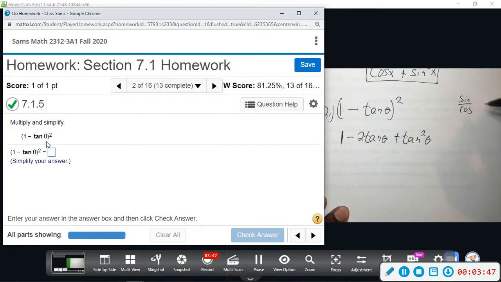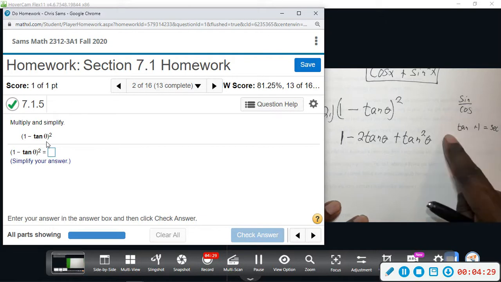From those Pythagorean identities, when we divided everything by cosine, because we have cosine on the bottom, we get tangent, and then cosine divided by cosine is 1, and then over here we had 1 divided by cosine. That gives us 1 over cosine, which is secant.